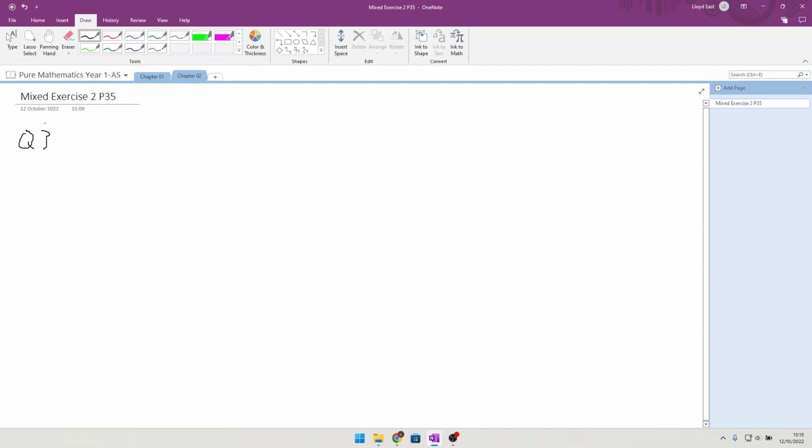Okay, so this is the quadratics chapter, and the first question is for the function f(x), which is equal to x squared plus 3x minus 5, and the other function g(x), and that is equal to 4x plus k, where k is a constant.